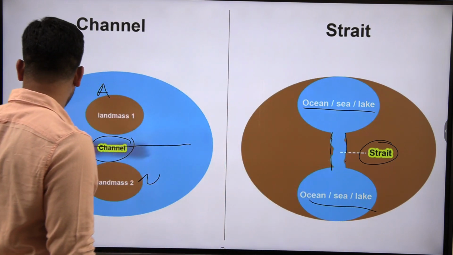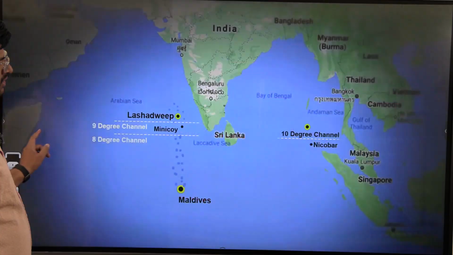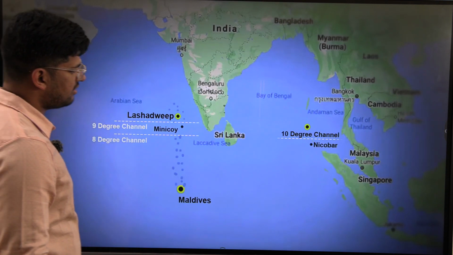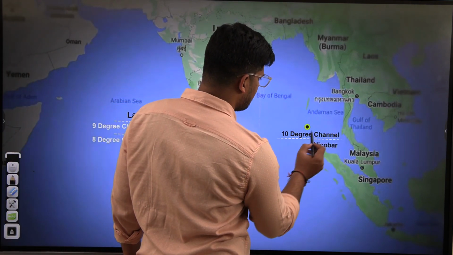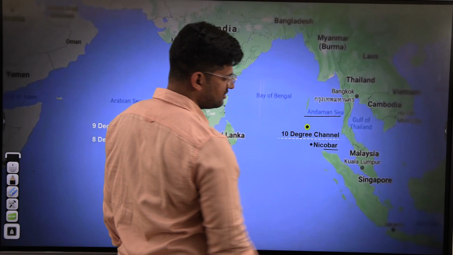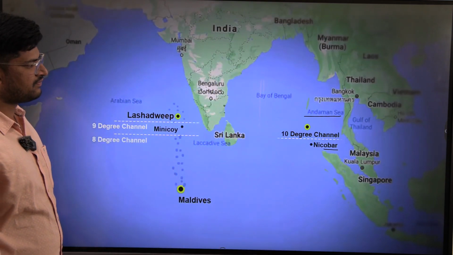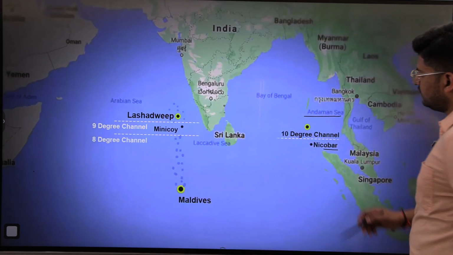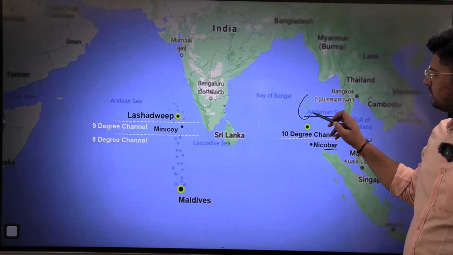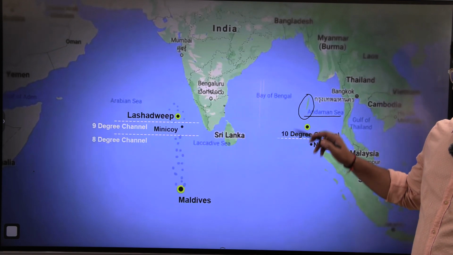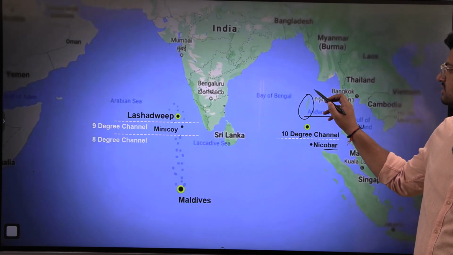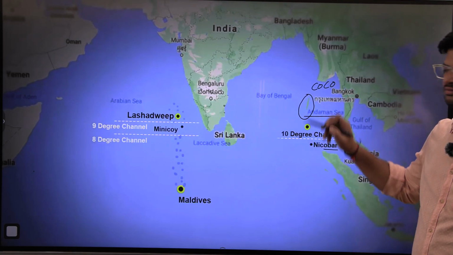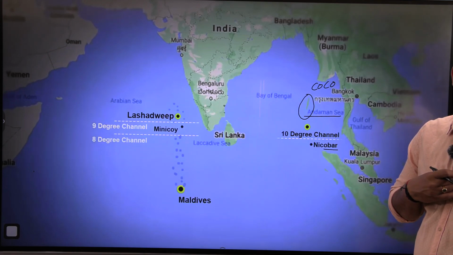So the 10-degree channel separates the Andaman and Nicobar Islands. This is Andaman, this is Nicobar. Okay. And if you look closely here, the Andaman Islands are close to the Myanmar islands called the Coco Islands.